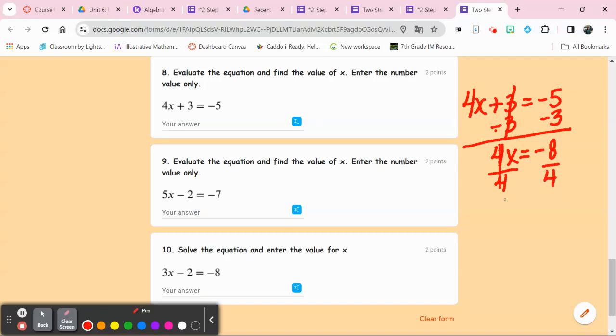That gives us 1x, or just x. On this side, let's count our negatives before we divide. We've got 1 negative. That means a negative answer. And we get negative 2 when we divide those. So our answer would be negative 2.